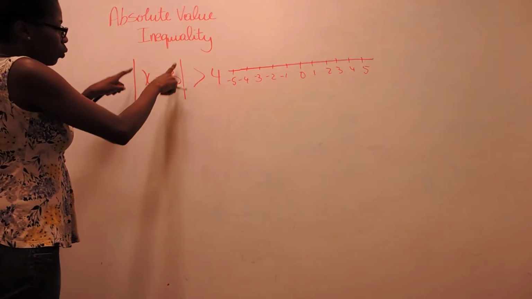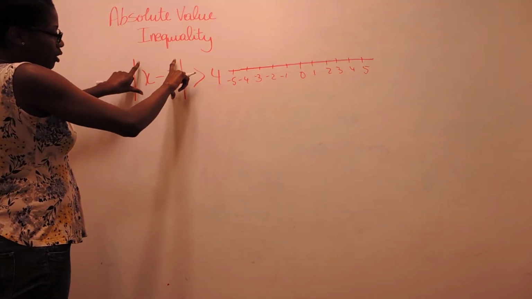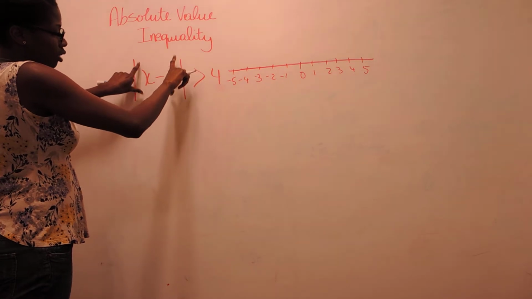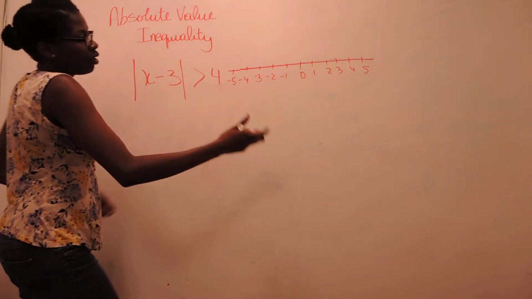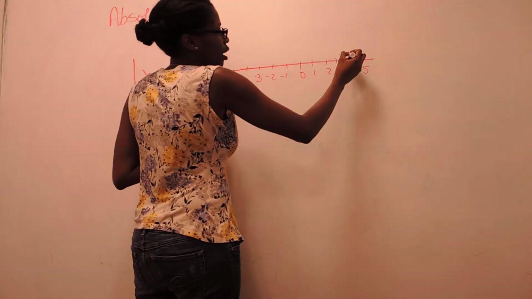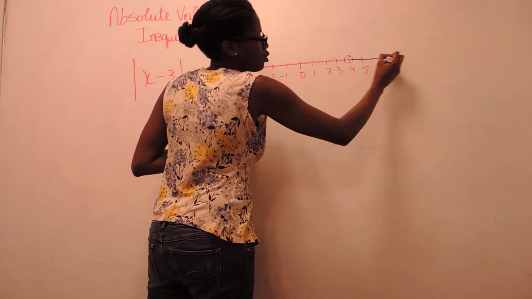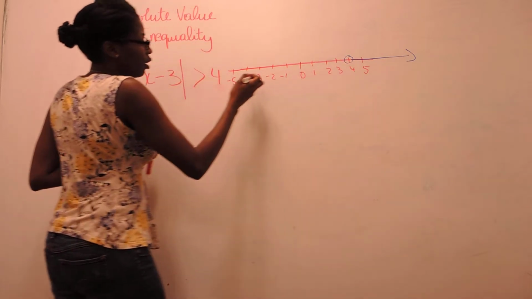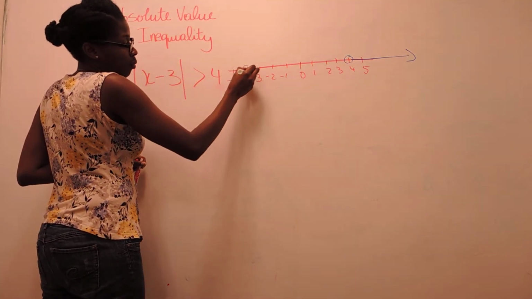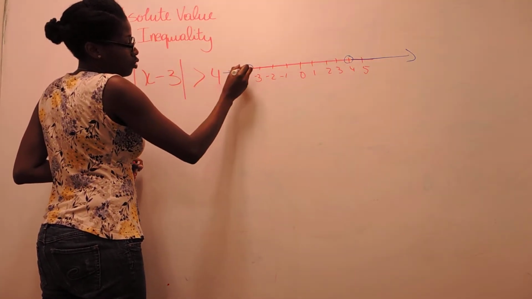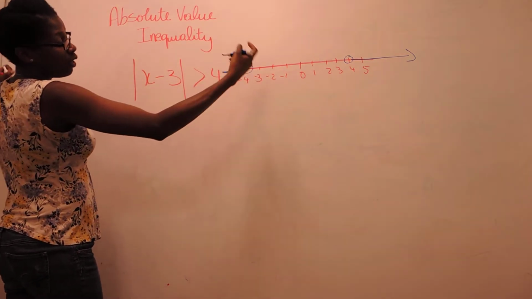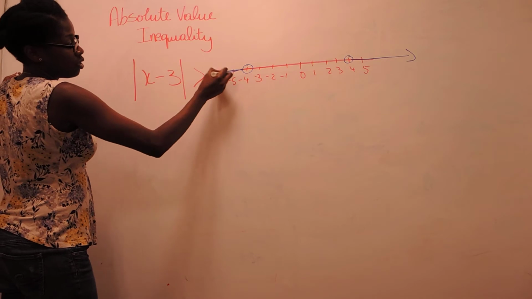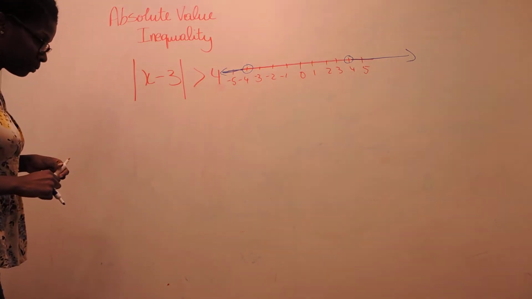So here, we want this expression, x minus 3, to come out to be greater than 4. Therefore, I should have a solution range that's going this way, not including 4, and from -4, it's going to go this way, because when it's going this way, it is further away from 0. Therefore, it has a distance that is greater than 4.